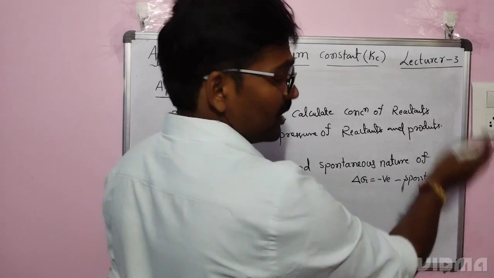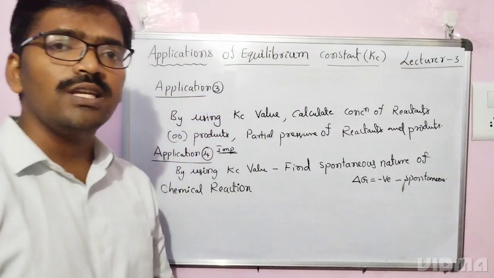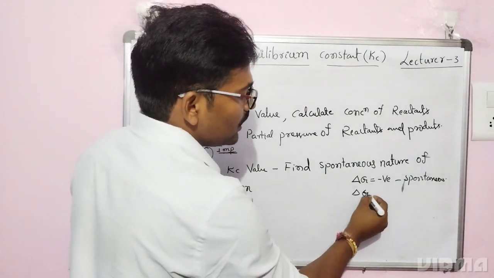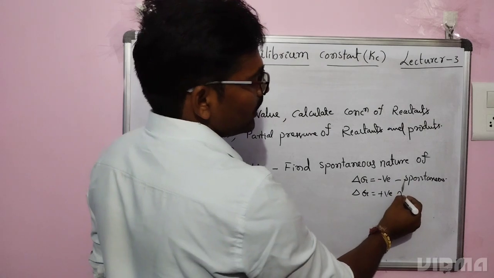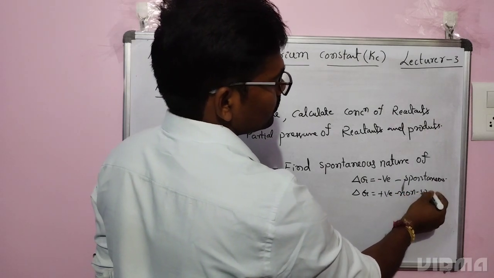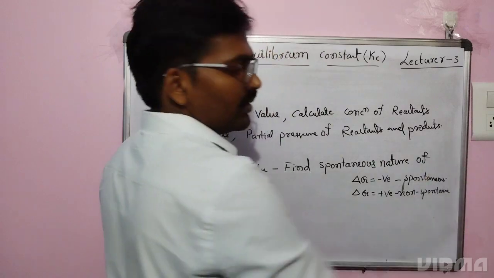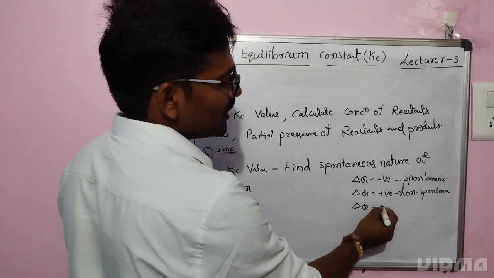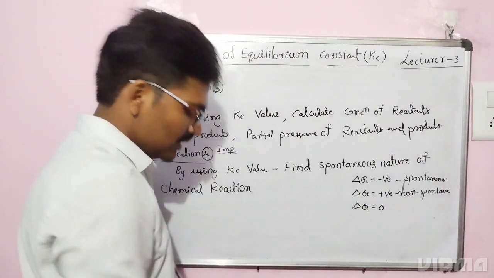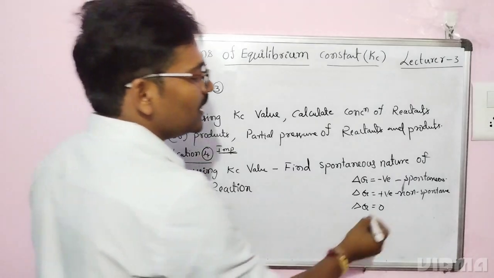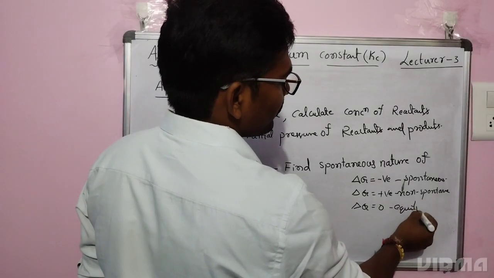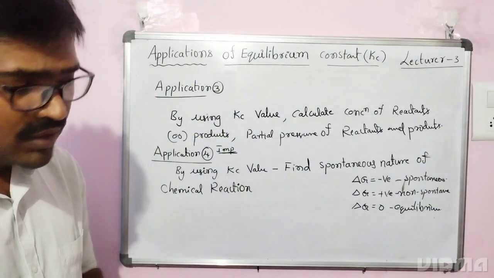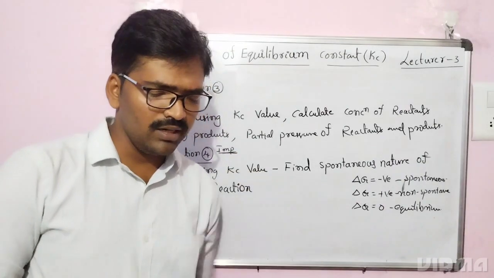If the delta G value is positive, it is non-spontaneous. What about delta G if you get 0? If delta G is 0, then it is equilibrium. Based on this, we can say whether it is spontaneous or non-spontaneous.